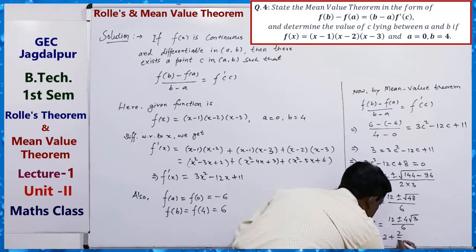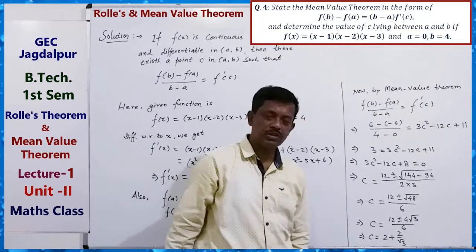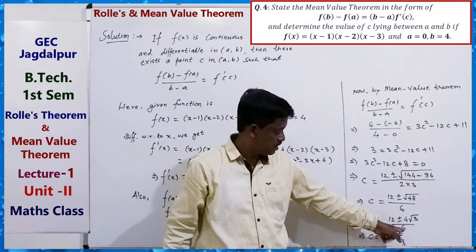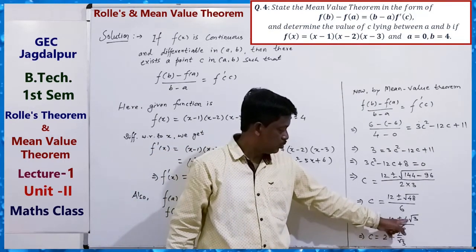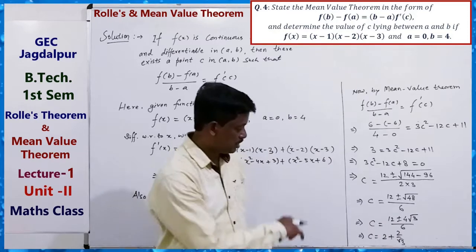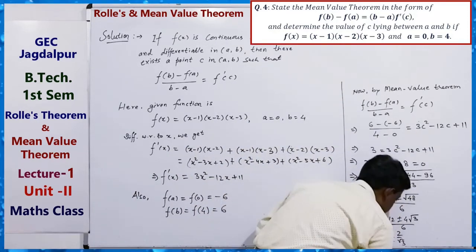2 by root 3. 2 plus 2 by root 3, and 2 minus 2 by root 3.